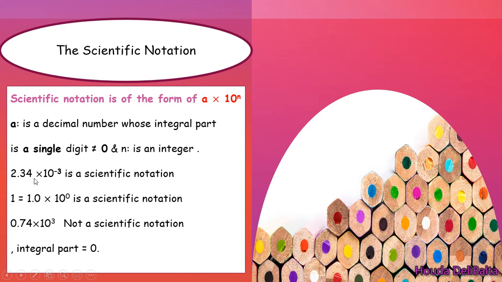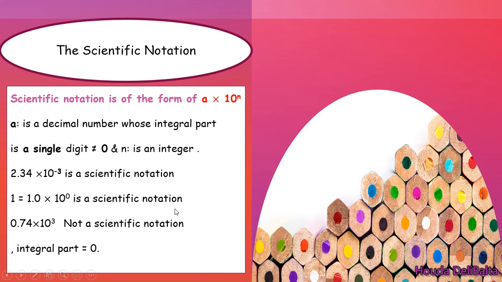Here is an example of scientific notation: 2.34 times 10 to the power minus 3. Notice the integral part is 2, just a single digit. That's a scientific notation. 1 can be written as a scientific notation by writing it 1.0 times 10 to the power 0.